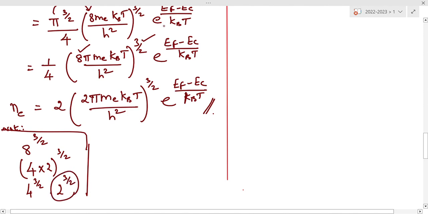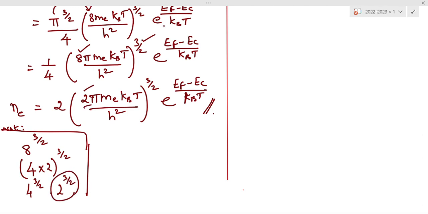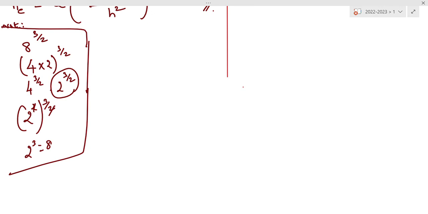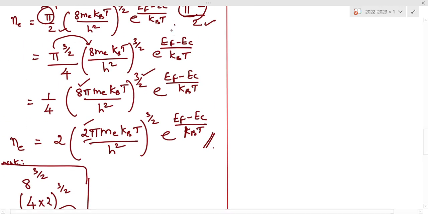This 2 power 3 by 2 is taken here, and this 4 power 3 by 2 is 2 square power 3 by 2, so 2 gets cancelled off. 2 cube is equal to 8. So instead of this 8 power 3 by 2, I am going to substitute 2 and then 2 inside this 3 by 2 bracket, and then here 8 outside the bracket. So this 4 and 8 get cancelled off. We get this 2 here.